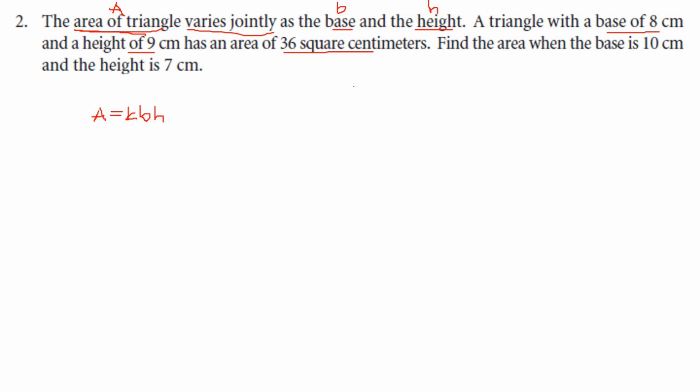So, based on that, what is our area? Our area is 36 square centimeters, with our base 8 and our height 9. Good. So, to find K, actually, you can also judge it yourselves. Let's show it. To get K, what should we divide here so that only K is left on the other side? Is it B or H?